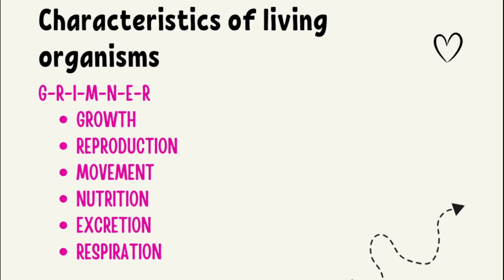For example, I'm here right now, and if somebody pinches me right now, I feel it, I'm going to react, right? That's because I'm a living organism. The stimulus is the fact that somebody pinched me, then I feel the pain. That's the sensitivity, I feel the pain, and then I'm going to respond to it, right? So that's essential for a living organism.